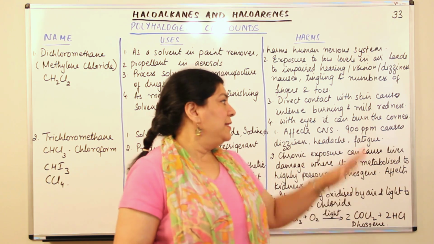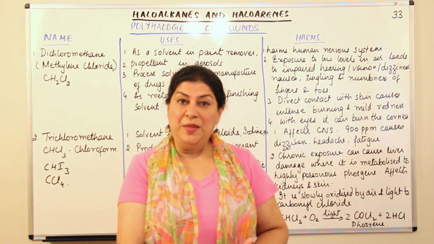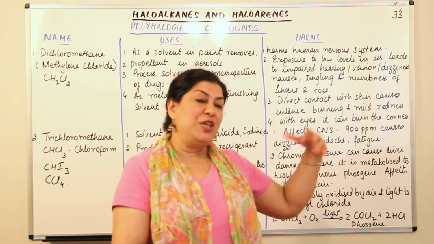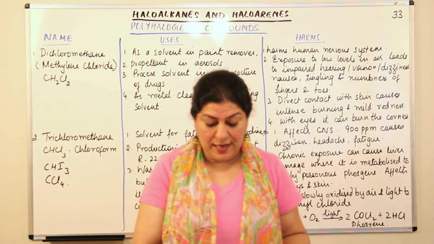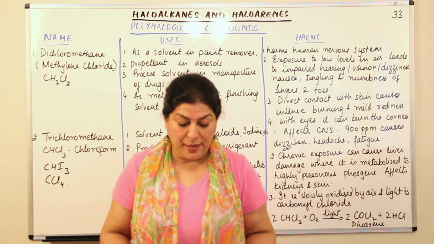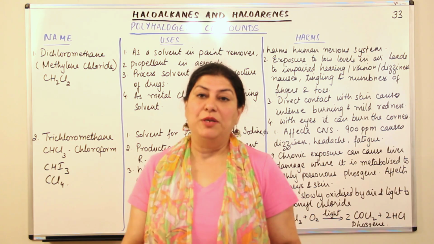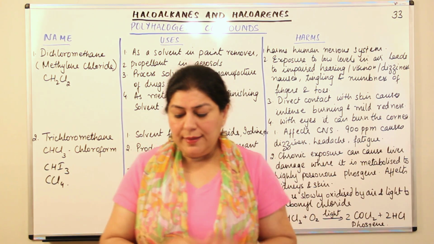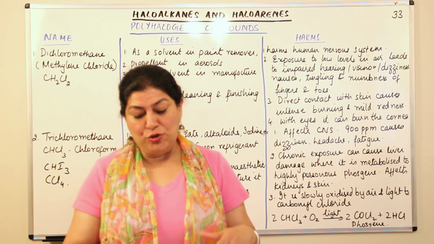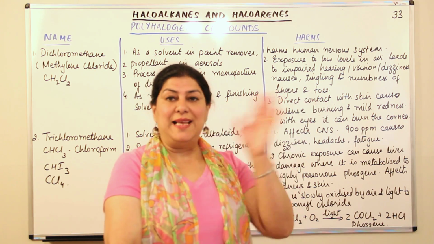Basically, these are symptoms of poisoning. When you get poisoned by something, you would have these symptoms. You would get dizziness, headache, nausea, and vomiting, which can cause permanent damage to the nerve cells, and all of them affect your nerve cells. These effects can lead rapidly to stupor, that is senselessness.